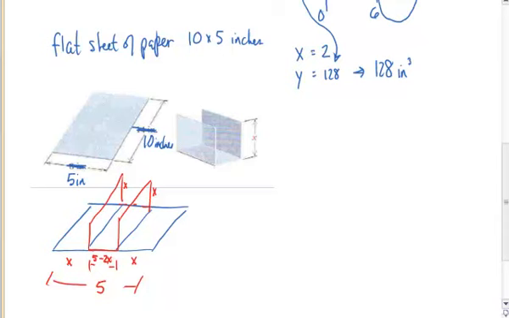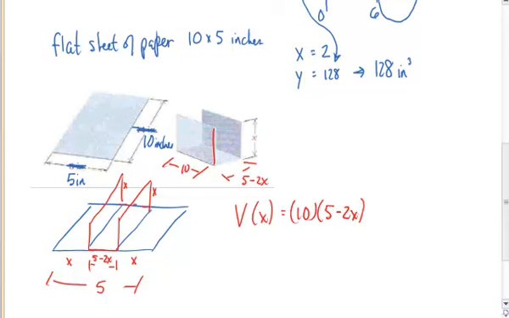And now when we think about our box, we have x. This dimension here is 5 minus 2x, and this dimension right here is x. So, let me just erase this, our width dimension is going to be 10. So our volume as a function of x for this problem is going to be 10 by 5 minus 2x times x.